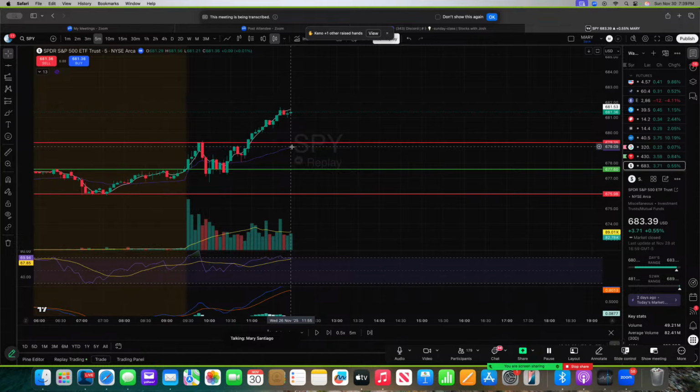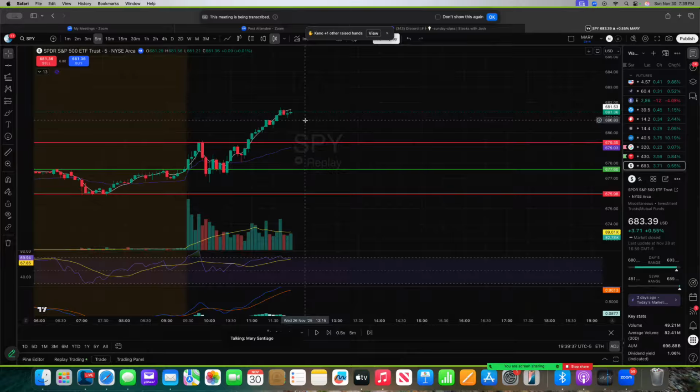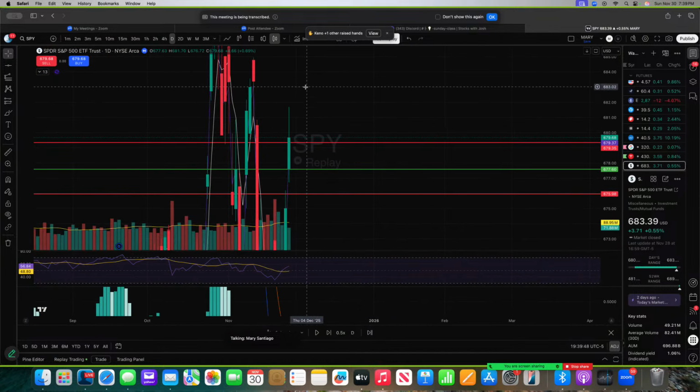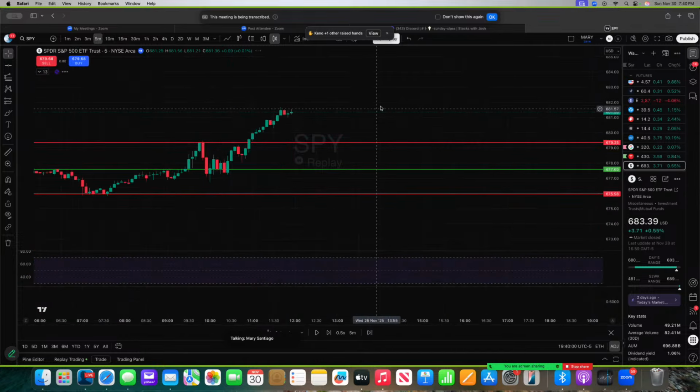It could test the VWAP if it wants to, okay? It could test the VWAP, or maybe it could test only that 680 before we actually start running. So 682 was our resistance, and it touches 681.70, which could extend to that 683. Okay. RSI is still going up, so it might be. We got a bearish divergence there.